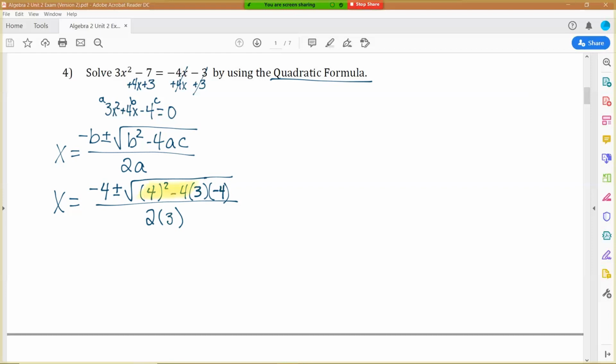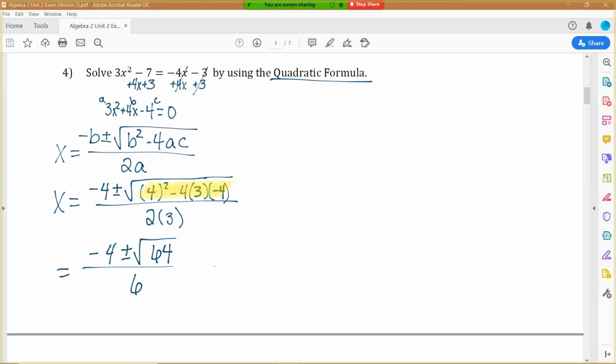So then I'm going to type this portion into my calculator all at once to simplify. Which gives me 64, so -4 plus or minus the square root of 64, all being divided by 6.